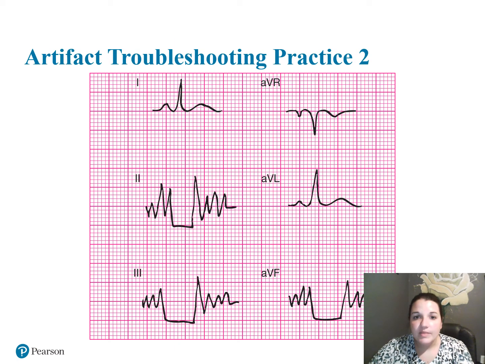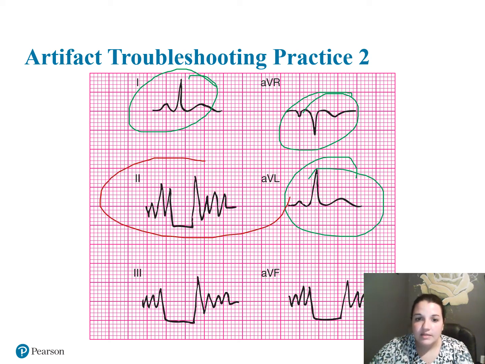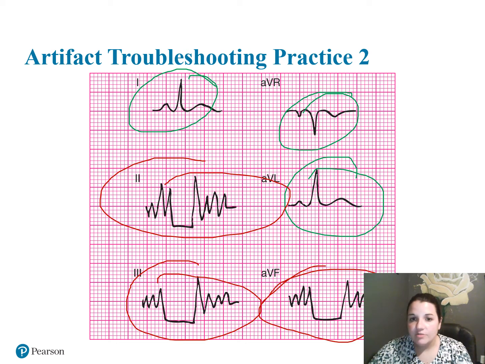Number 2, again, who looks normal? Lead 1, AVR, and AVL. Who does not look normal? Lead 2, lead 3, AVF. How do we troubleshoot and figure out what's the problem? And also, what kind of artifact do we have? The artifact we have here is a broken record, which means I could have an electrode that is missing or a frayed wire.